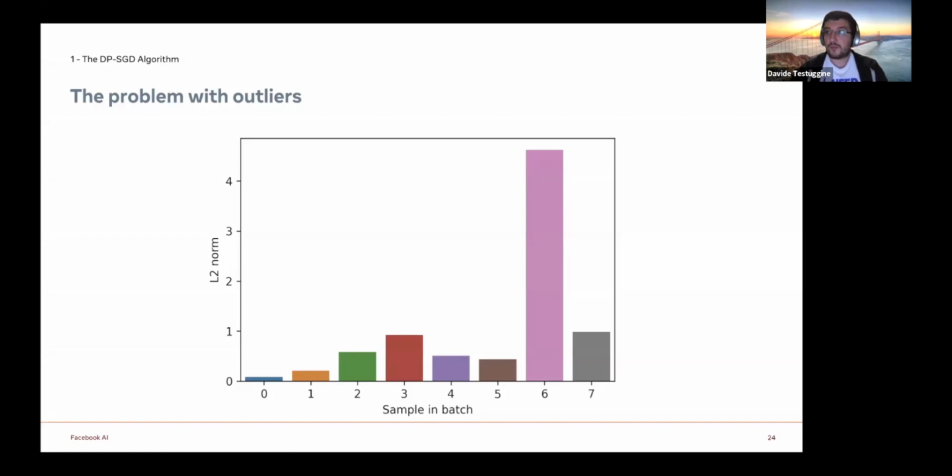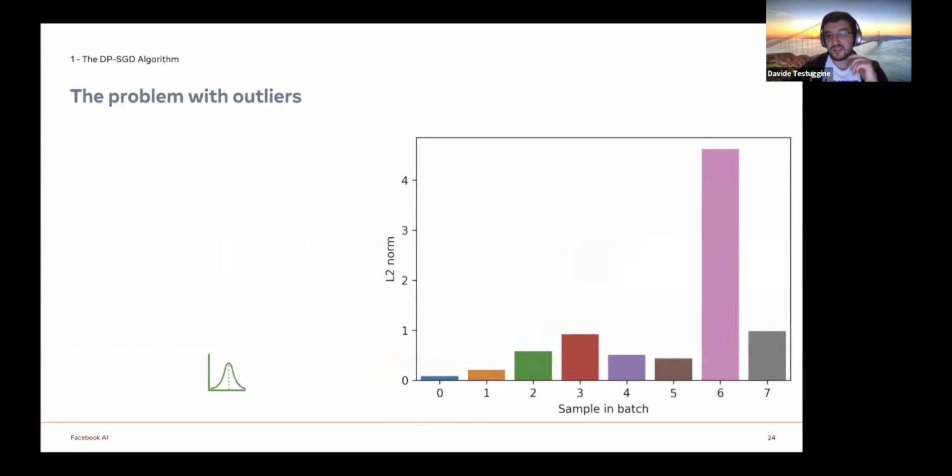Now the problem with this is that we have a very tough time finding the right amount of noise. If I chose the second one in green as my reference, I could dimension my noise so that it's good enough that it doesn't destroy the signal and it protects its privacy. It can work for the second one, but it will never work for number 6. Number 6 is way too big.